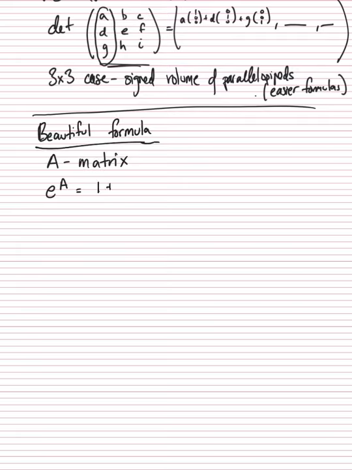So it's going to be 1 plus A plus A squared over 2 plus A cubed over 3 factorial plus ... Okay, so I know this is well defined at this point. I know how to multiply matrices, I can add them, divide by scalars. You have to worry a little bit about what this means.